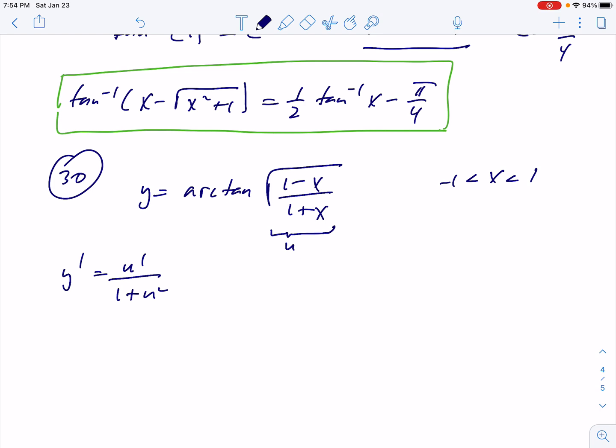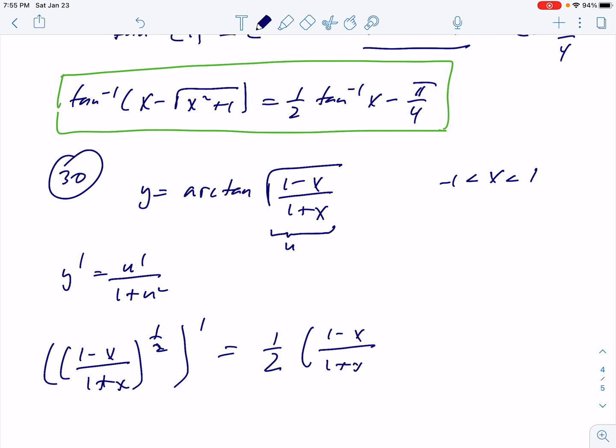So here we have 1 minus x, 1 plus x square root. This is power 1/2. Differentiate this. And we have 1/2, 1 minus x, 1 plus x to the -1/2, times 1 minus x over 1 plus x prime.